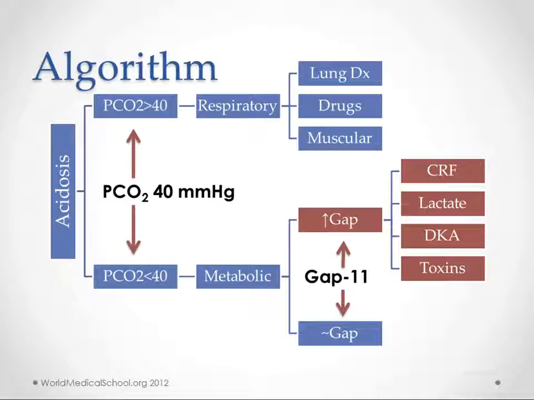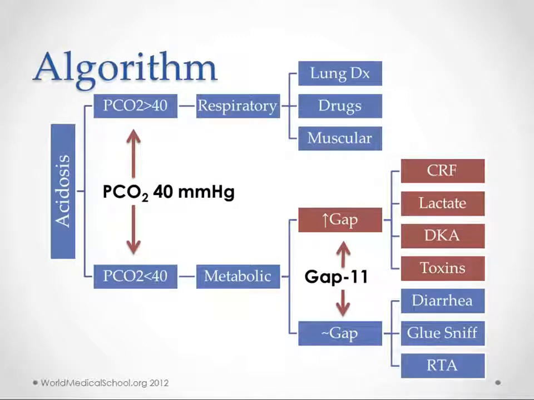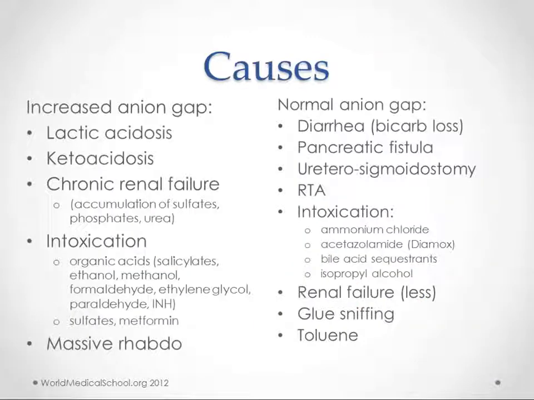And a normal gap will make us think of diarrhea, glue sniffing, I don't know why that was one of the more common ones I included, or renal tubular acidosis. So again, the increased gap is we're adding something to the system like lactate, or ketoacidosis, where we're adding ketones, which also are anions.